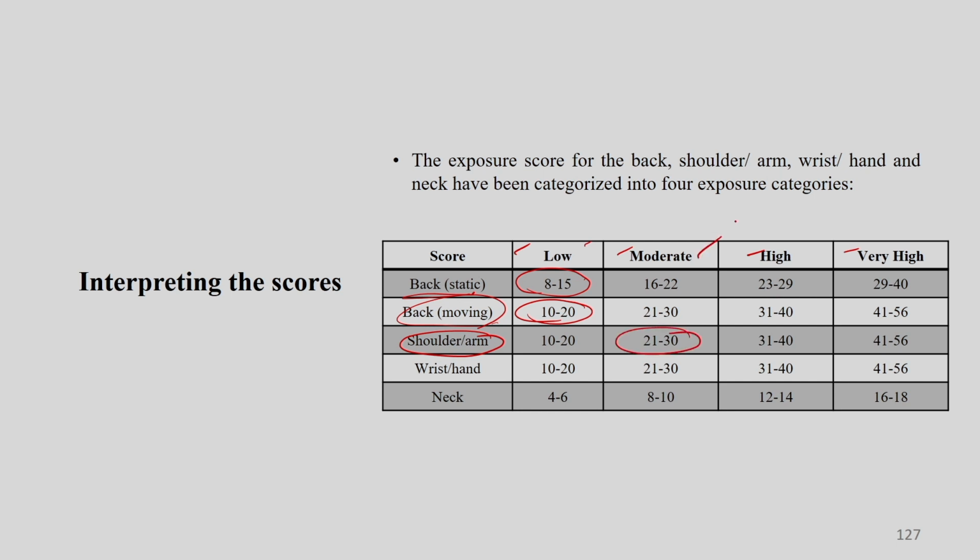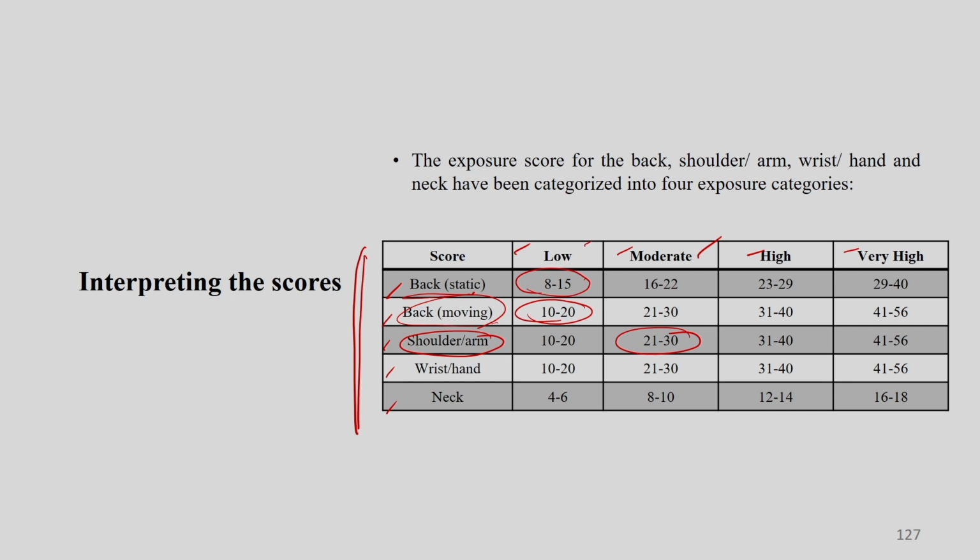So depending on the body region, the scores are different, and from this particular reference value you can see what is the level of exposure for back, back movement, shoulder, wrist and neck. Fine. So you can get an idea where they are standing.